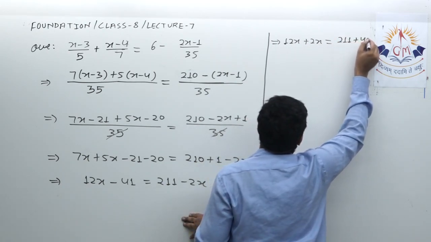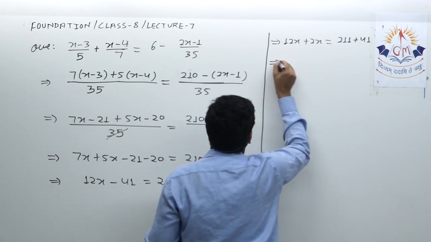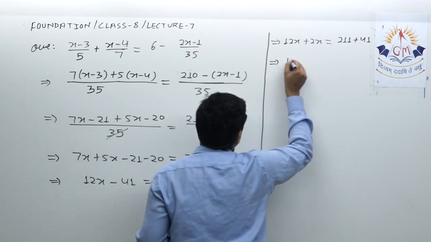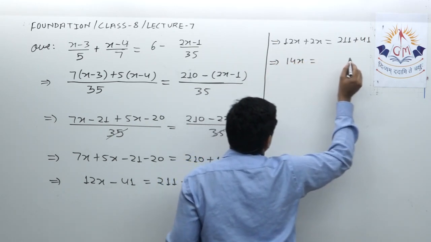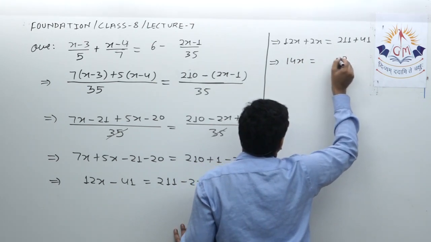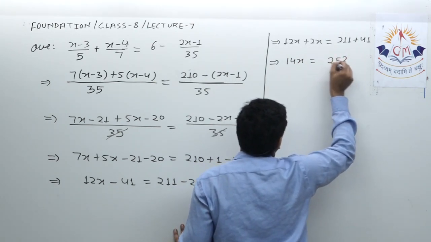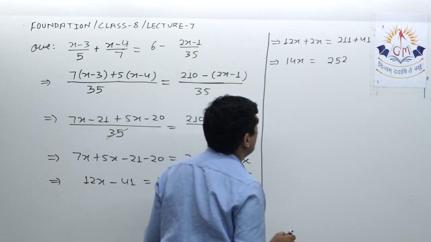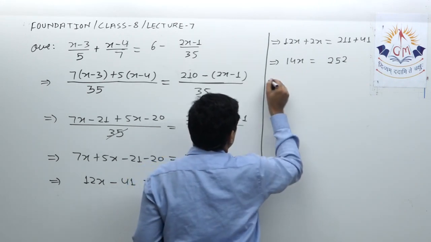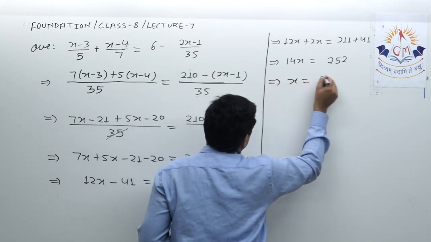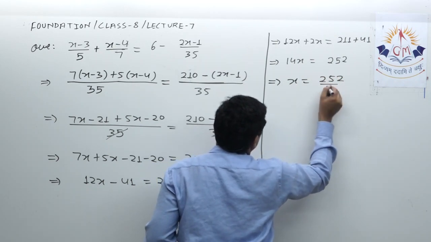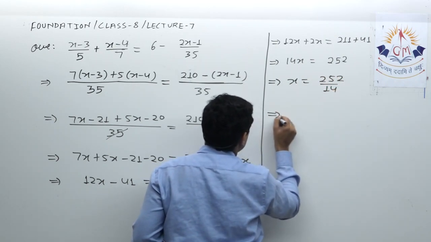So 12x plus 2x is 14x is equal to 252. Okay, so x is equal to 252 upon 14.